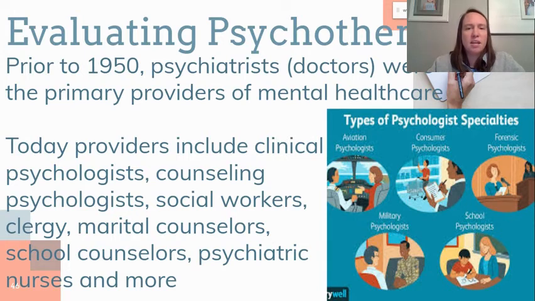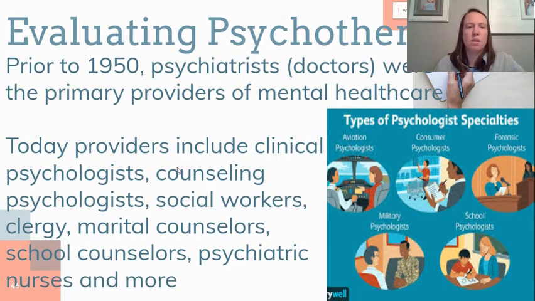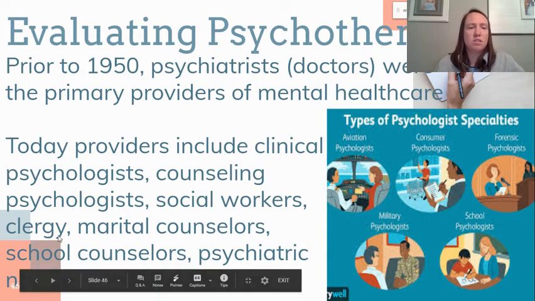Today, providers can include people like clinical psychologists. Those are clinicals like in the hospital medical world. They're not a doctor, but they're in the medical world. Counselors, from school counselors to all kinds of job counselors, counseling psychologists, social workers, clergy, people in church. There's religious counselors, stuff like that. Marital counselors.